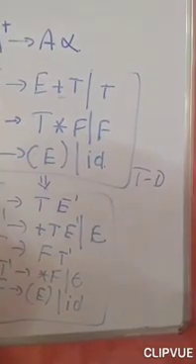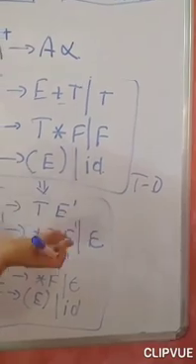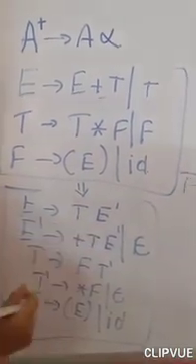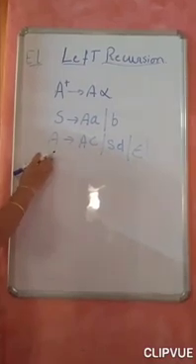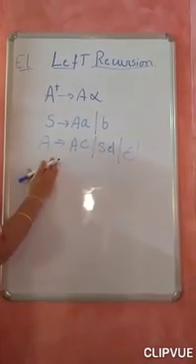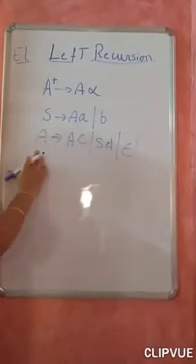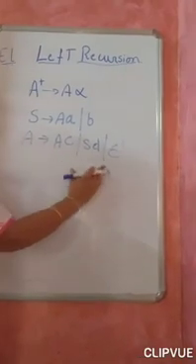Now we will see an example where there is no immediate left recursion, but after substitution for some non-terminal we may get left recursion, and how to eliminate such left recursions. Now let us consider this particular grammar. In this grammar we have the productions S determines A a or b, A determines A c or S d or epsilon.